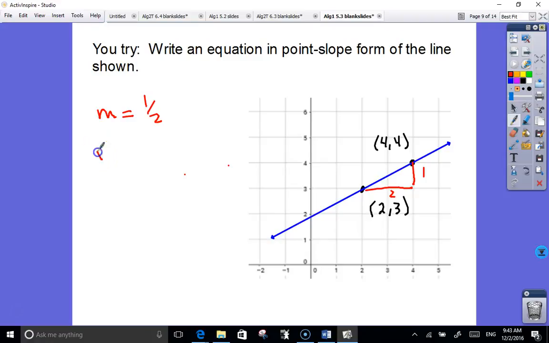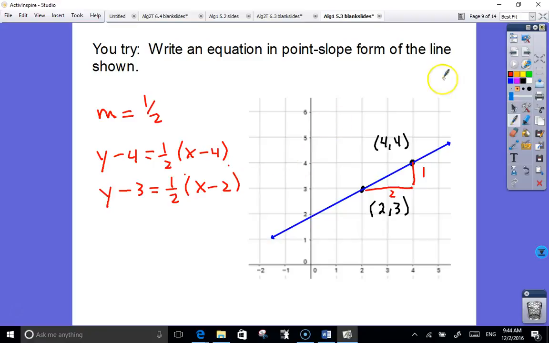You could say y minus 4 is 1/2 x minus 4, or you could say y minus 3 is 1/2 x minus 2. Either one are correct answers. So remember, because all those points had positive coordinates, you see the minus in the formula. If you start seeing pluses, you know that the x1, y1, one of them is negative.